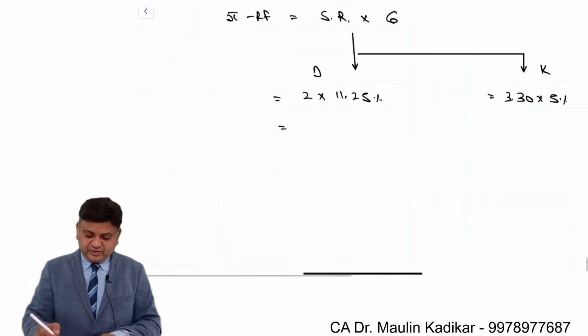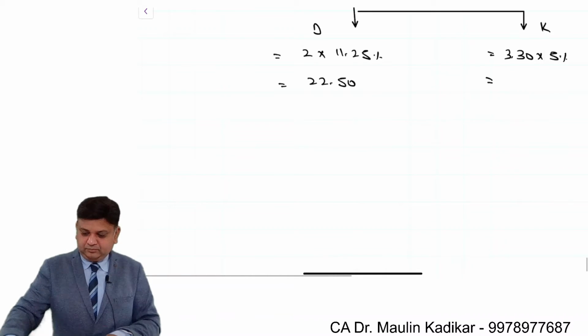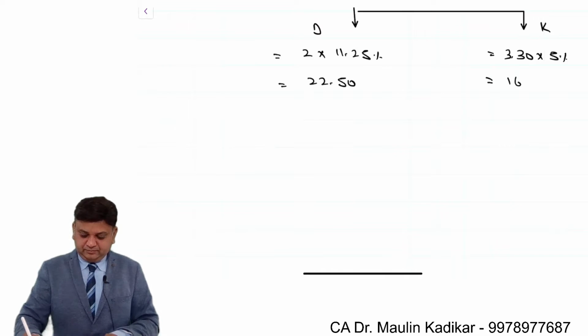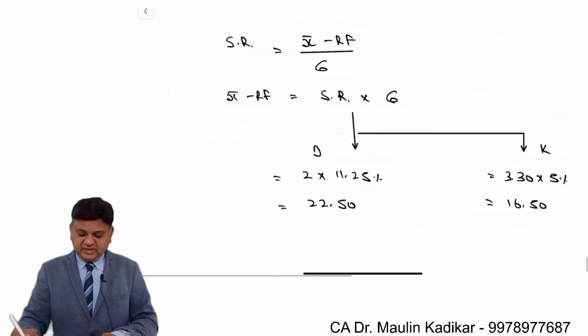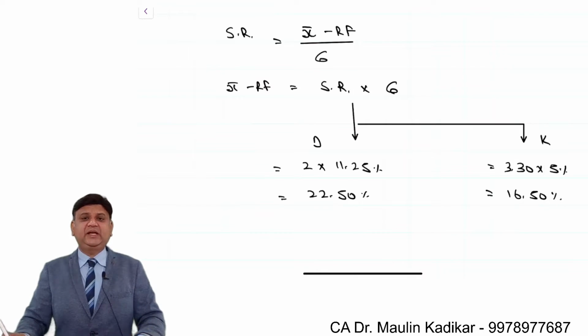That comes to 22.5, and over there it is 16.5. That is the way X per minus RF, that is what we understand in technical term, additional return is calculated.